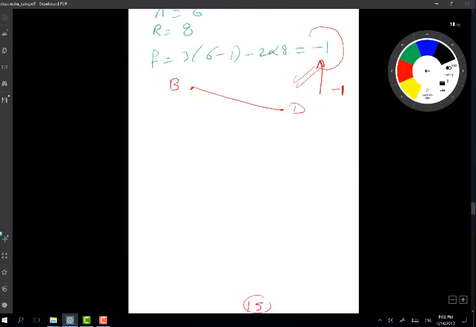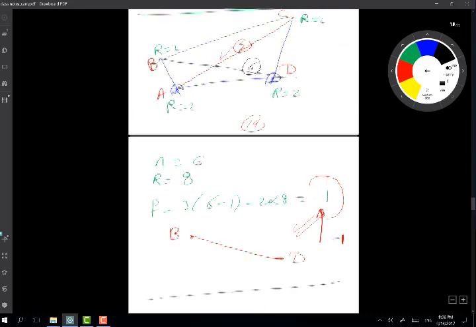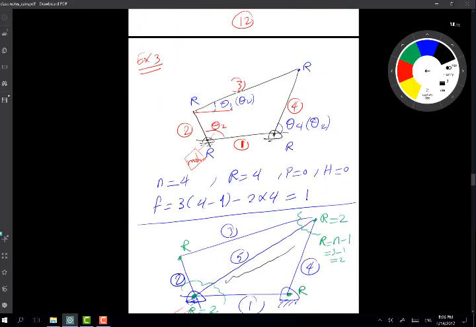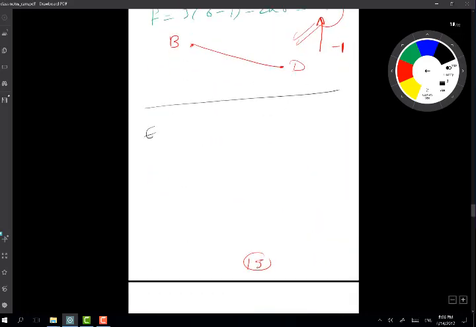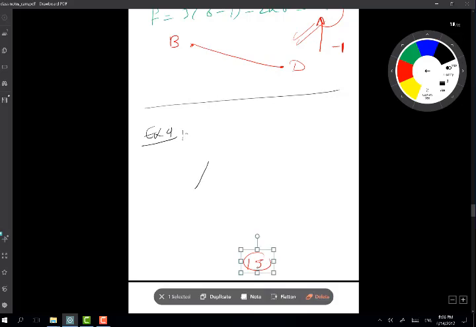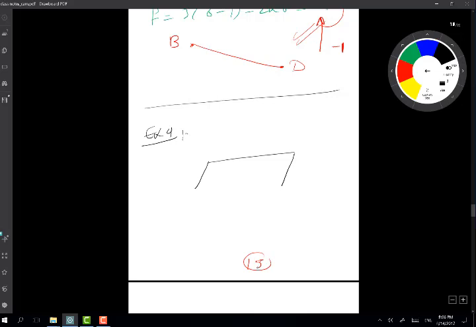Another interesting situation, which is similar to this one, is example number 4. Let's say I have a linkage such as this one here, right?